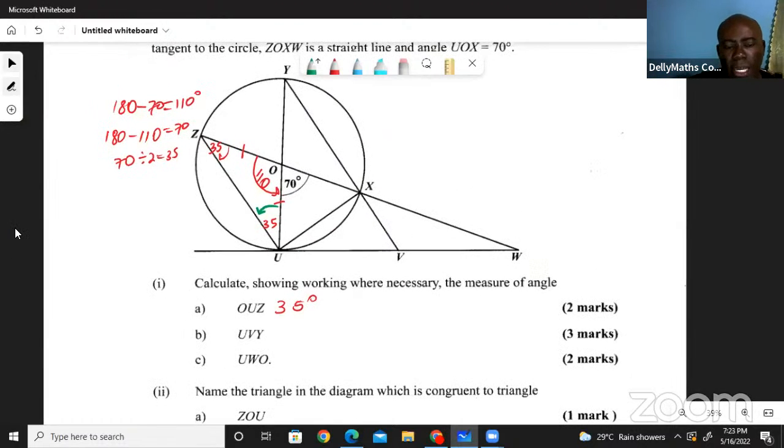All right, so now we're looking at UVY. It's going to be this angle here. We mark the angle, we stop, look, and listen.